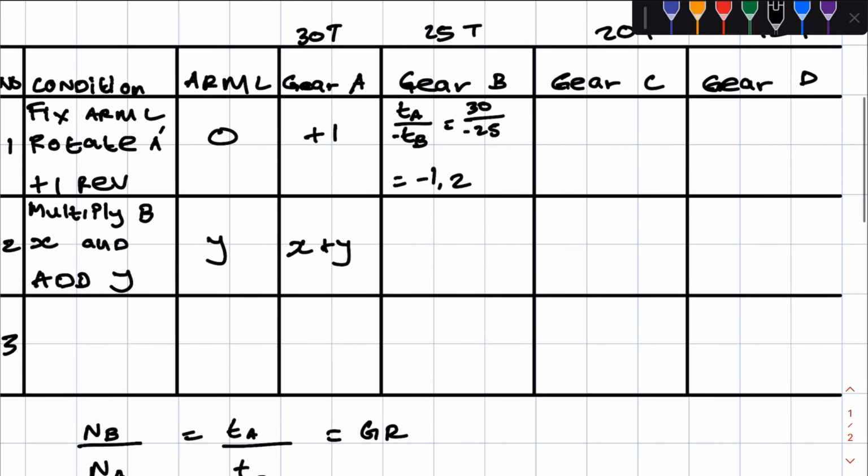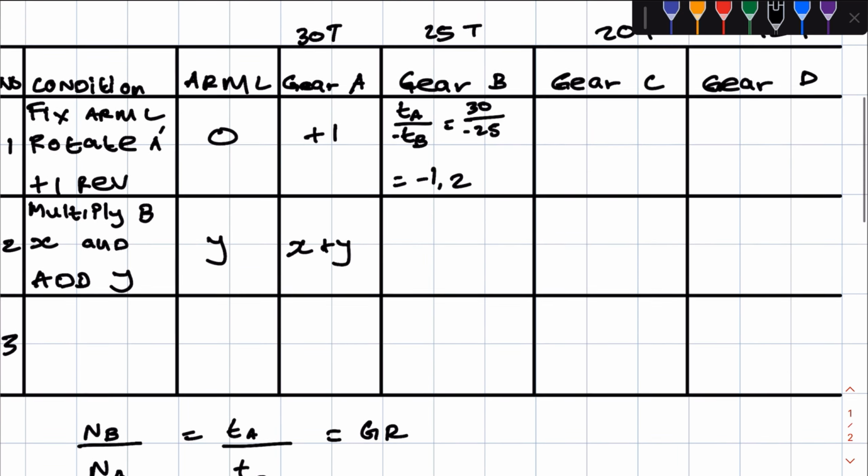For gear B, again you equate conditions 2 and 3 under gear B. Gear B is equal to minus 1.2x plus y.